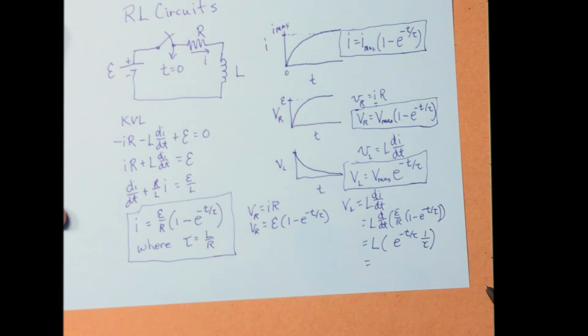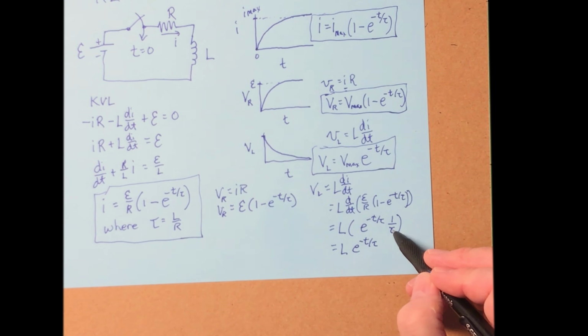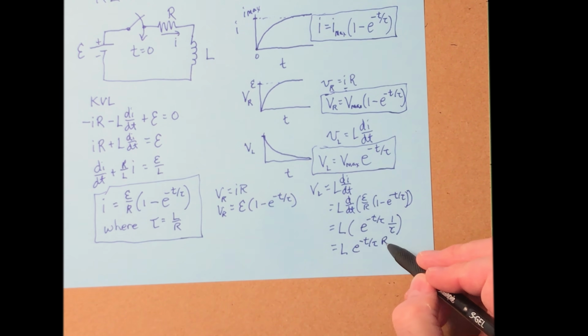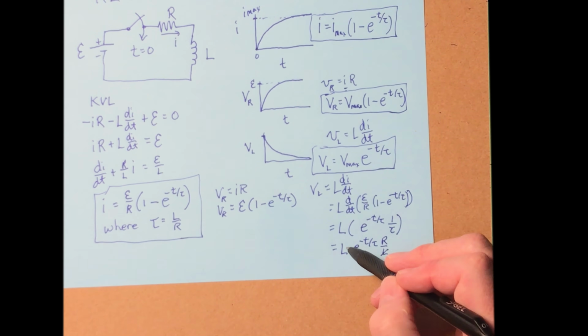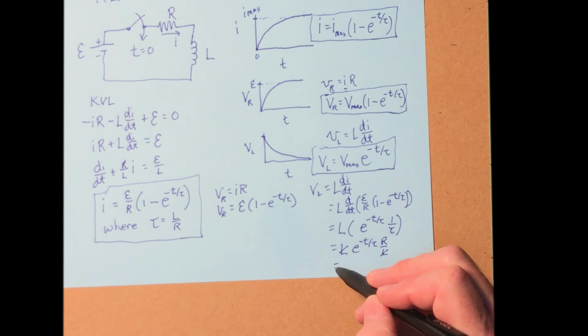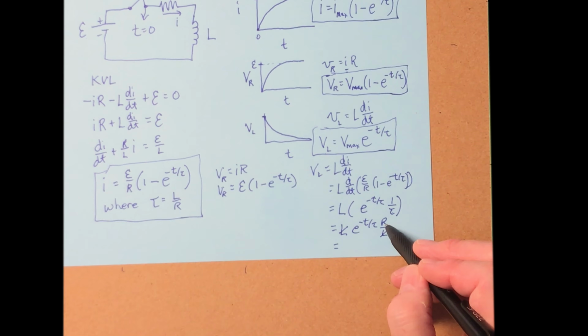All right, well, what is that? L e to the negative t over tau, but 1 over tau, remember tau is this right here, so this is going to be R over L, and we are dividing by the L's, getting rid of those. So what have we got left? It is, oops, did I leave something out?